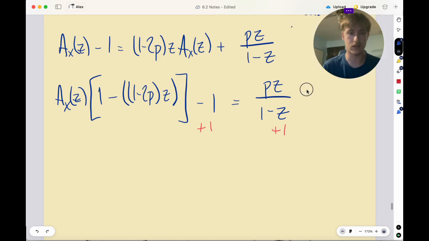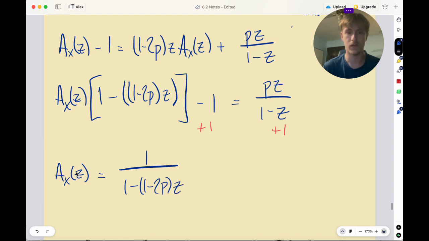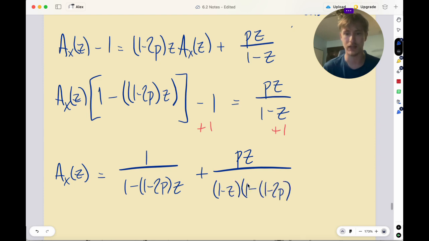Well, we get that ax of z is then going to equal 1 over 1 minus 2pz, and that's just from the plus 1. And then I have pz divided by 1 minus z times 1 minus 2p times z.